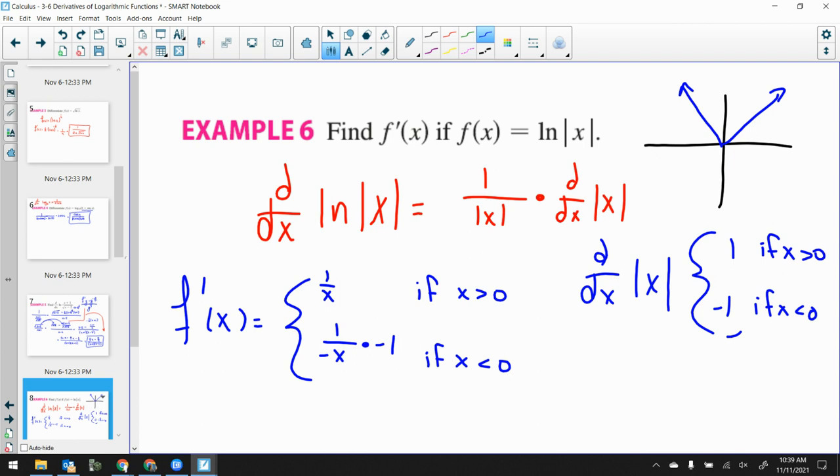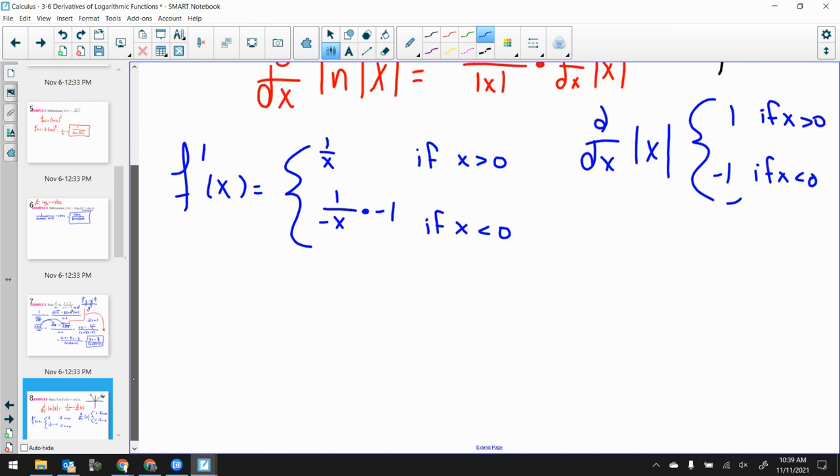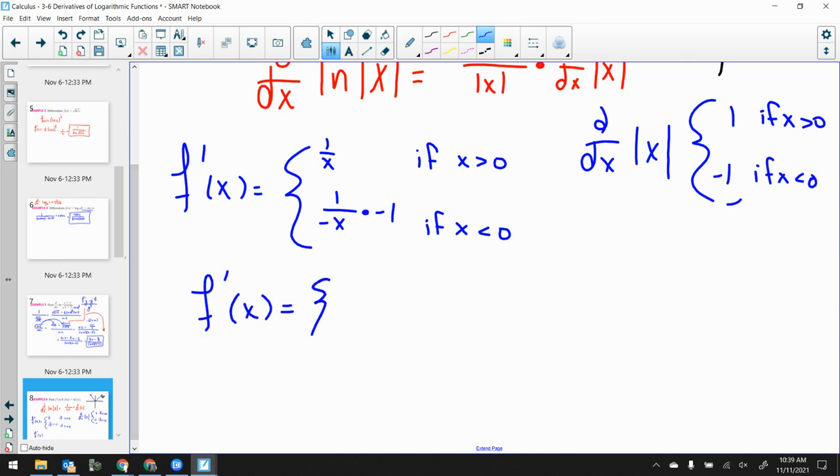Well, what am I doing with those two negatives? They cancel. So let me write it out one more time to simplify it a little bit. 1 over x if x is greater than 0, or 1 over x if x is less than 0. So what can we say then?